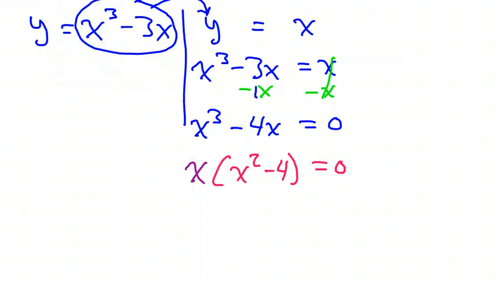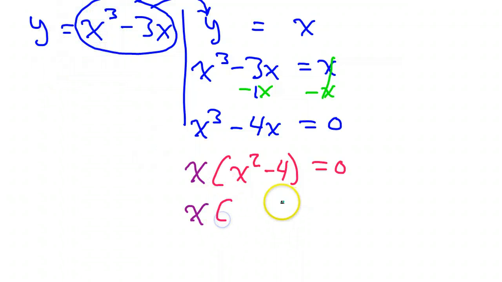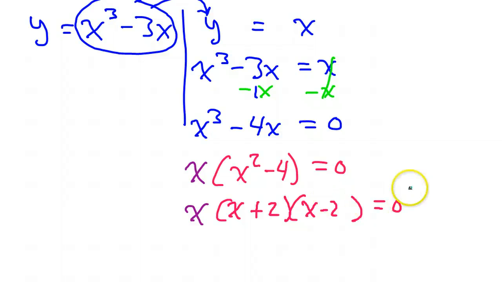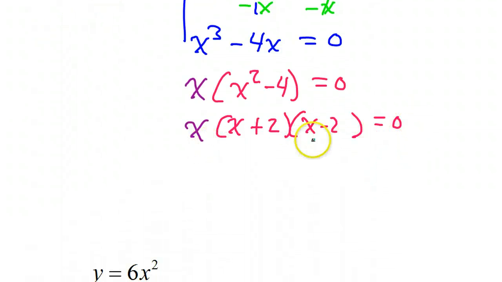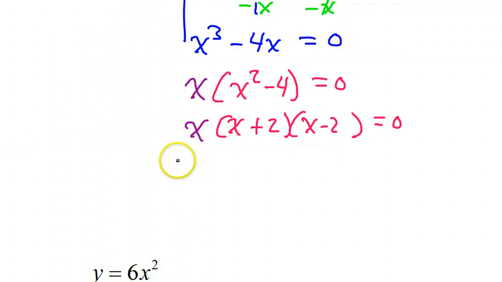Bringing down this x, I recognize that the x squared minus 4 is further factorable because it is the difference of 2 squares. So x plus 2, x minus 2. In a situation like this, you set all of the factors equal to 0. So x equals 0, that's one x value.